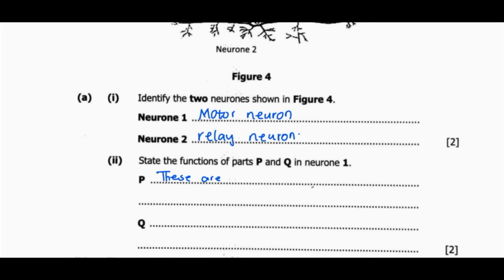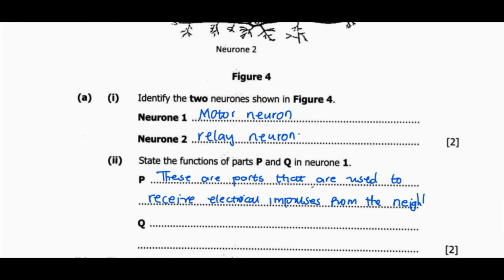So we'll say these are parts that are used to receive electrical impulses from the neighboring cells.